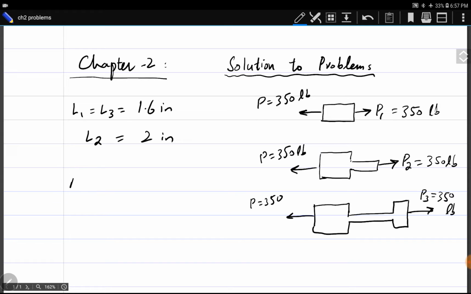Similarly, A1 and A3 both are the same, 1 multiplied by 1/4, so it becomes 0.25 square inch. And A2 is 0.4 times 1/4, becomes 0.1 square inch.